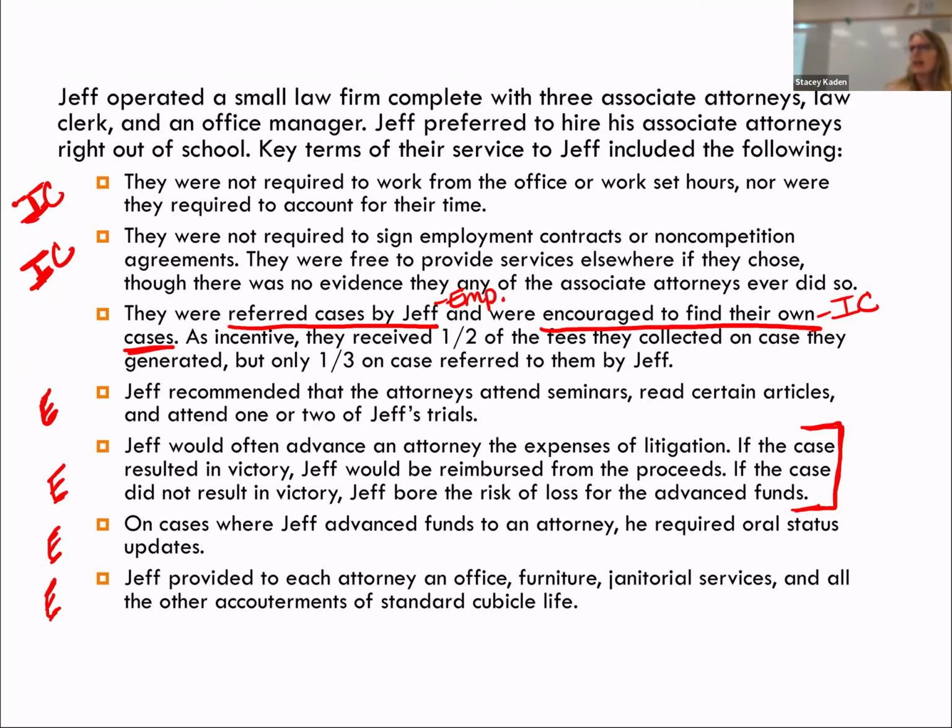Okay. The other thing we have to keep in mind is that it's possible to be an independent contractor and to start off that way, but at some point the relationship crosses a line and you're no longer an independent contractor, you're really an employee. Okay, so let's think about Truman hiring a plumber.